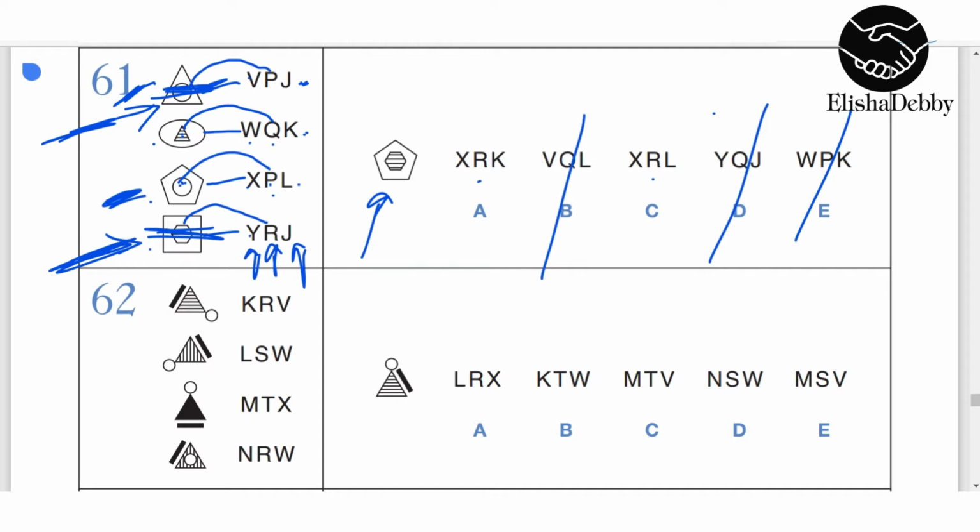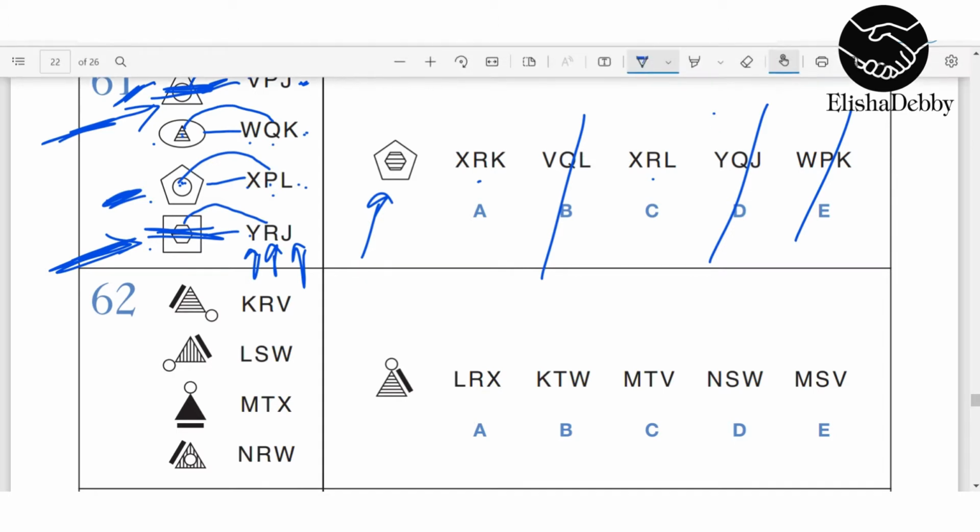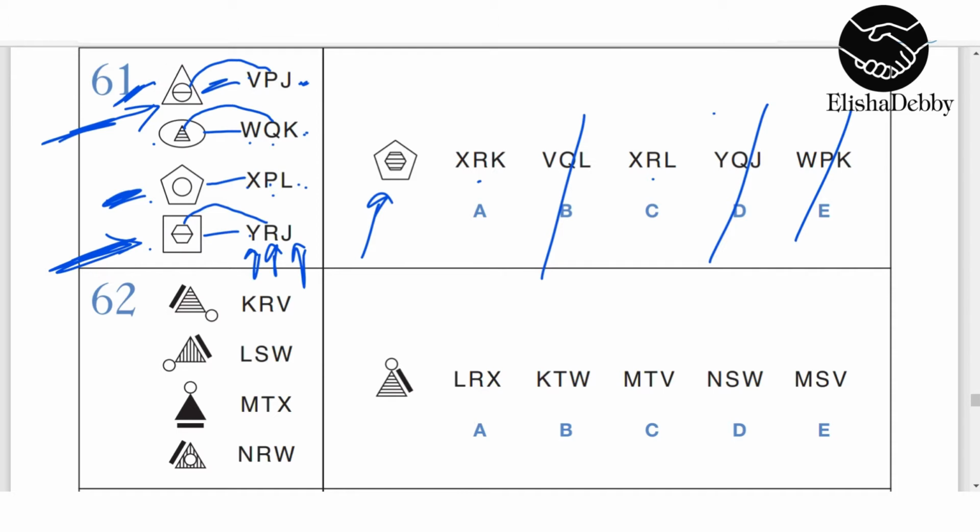So if I clear that up so we can see clearly, you can see there that any shape inside with a horizontal line is the J. Inside there is a pattern.